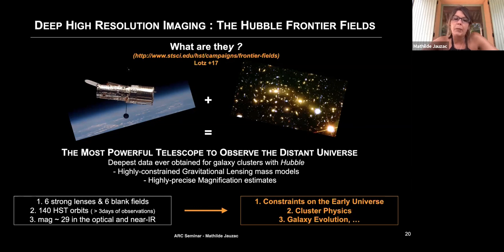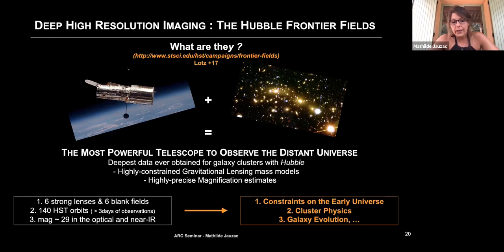The idea behind the campaign was to go extremely deep on the cluster cores, using clusters that are extremely strong lenses, in order to observe the high redshift universe, using the magnification and natural telescope effect provided by lensing. However, as much as you can study the high redshift universe, you can also detect so many strongly lensed objects that you can recover the mass of your clusters and cluster cores with extremely high precision.